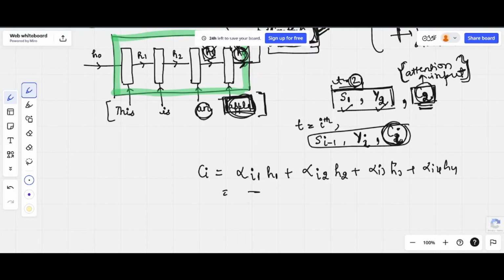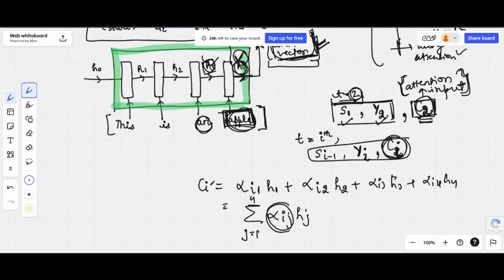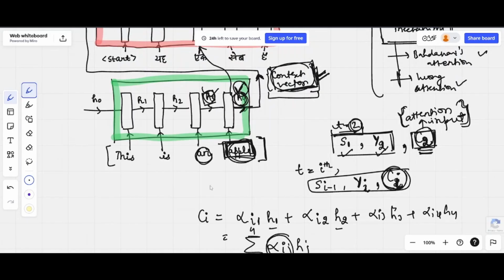Or if I can write it in form of summation, then it would be sum from 1 to 4 of alpha ij hj. Now, don't worry if you don't know what this alpha is. I will explain everything. So these h1, h2, h3, h4 are clear, I think. These are the hidden states of your encoder. This is the hidden state at time step t equals to 1. Same way we can interpret the others as well.